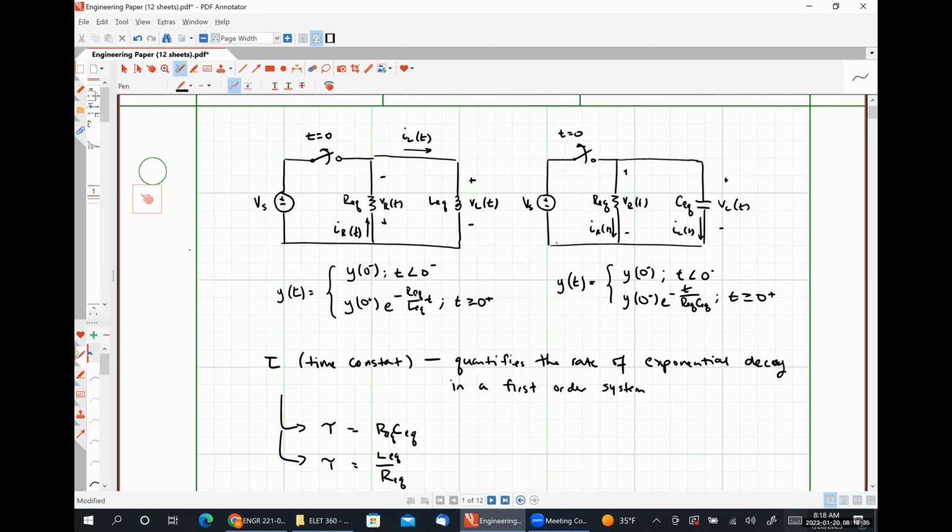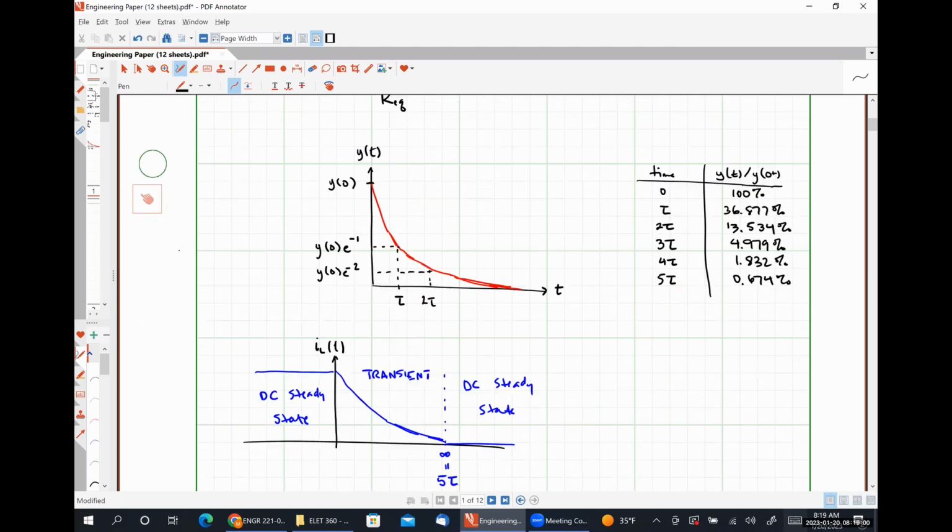our voltage source in each case is being disconnected from our inductor and capacitor. And so we are seeing how the system responds in the absence of some form of excitation. So what we're going to be talking about today is the total response, which is how it behaves when we include some form of excitation.